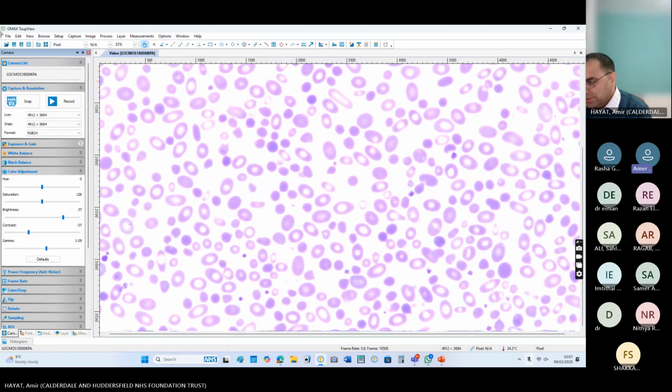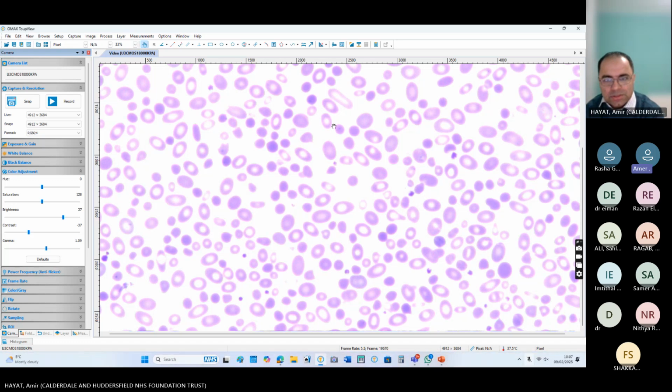Which RBC membrane defect? Stomatocytosis? Ovalocytosis? There is spherocyte, also there is ovalocyte. Is this spherocytosis or ovalocytosis? The ovalocytes are more prominent here.